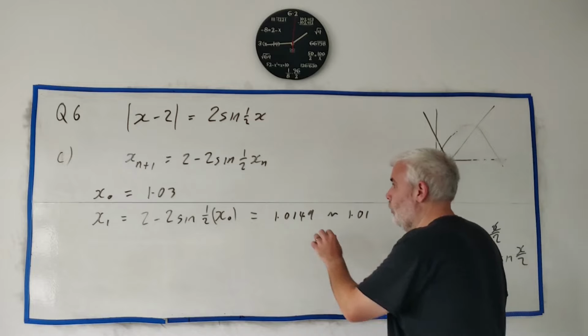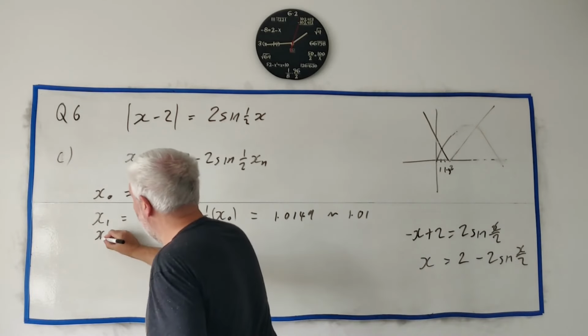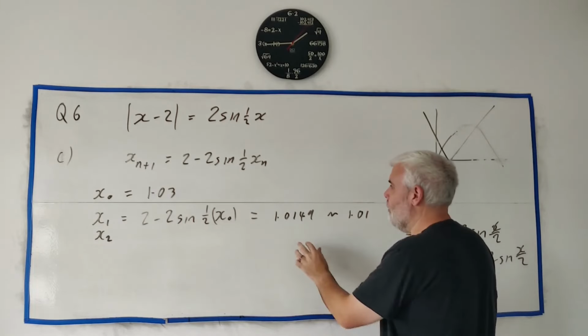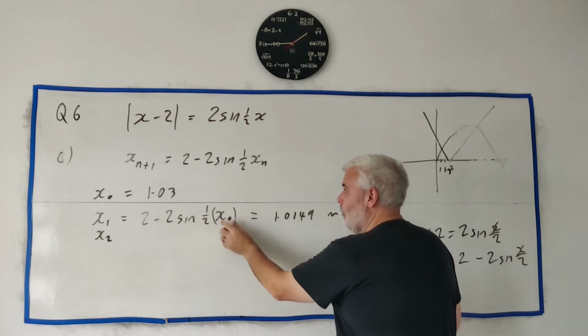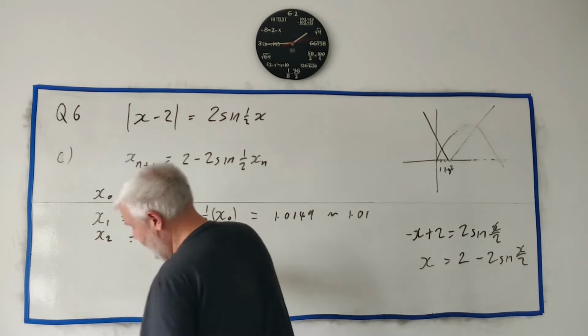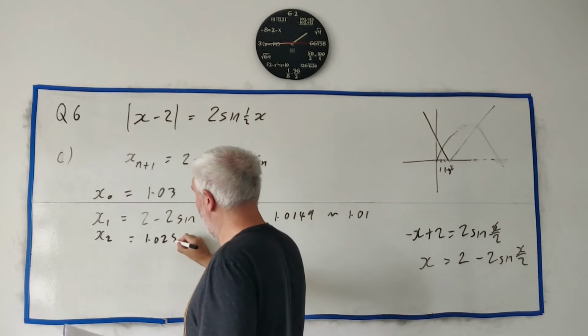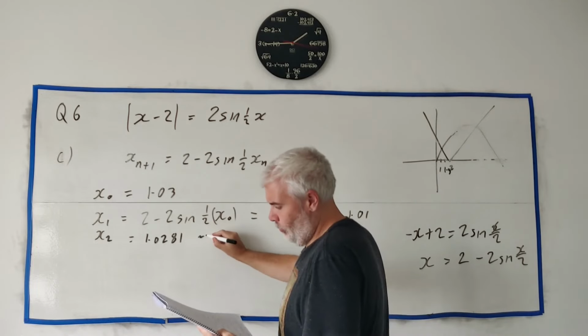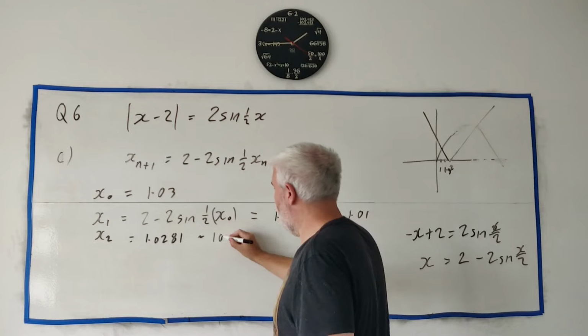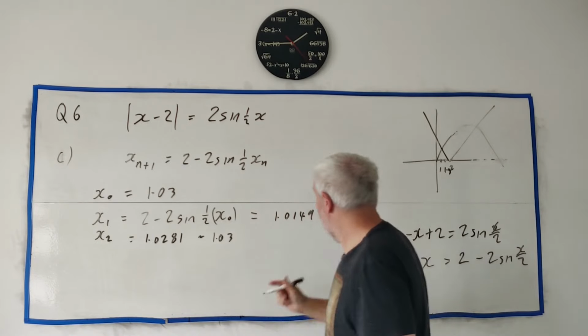We go ahead and get x2. I'm going to need lots of room here if there's 8 of them actually. I should be able to use over here. We put this number back into this equation, and we will get 1.0281, which is approximately 1.03.